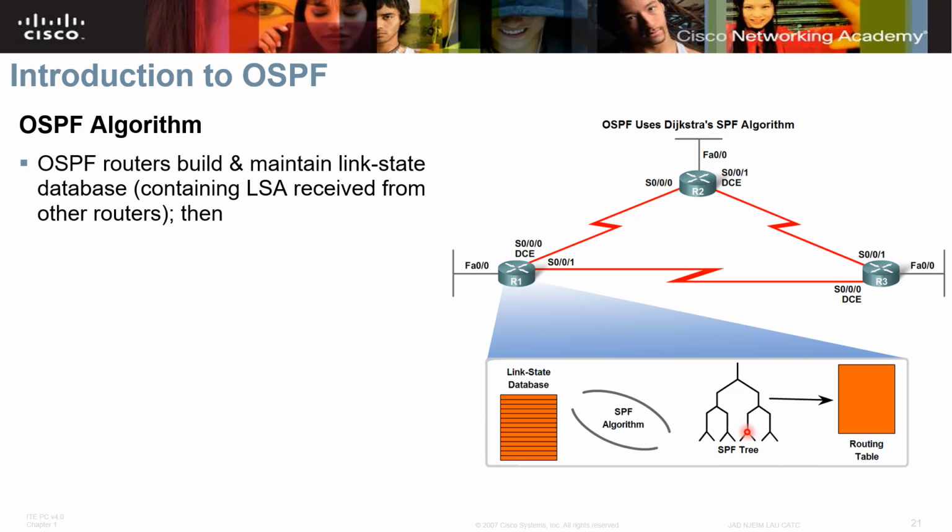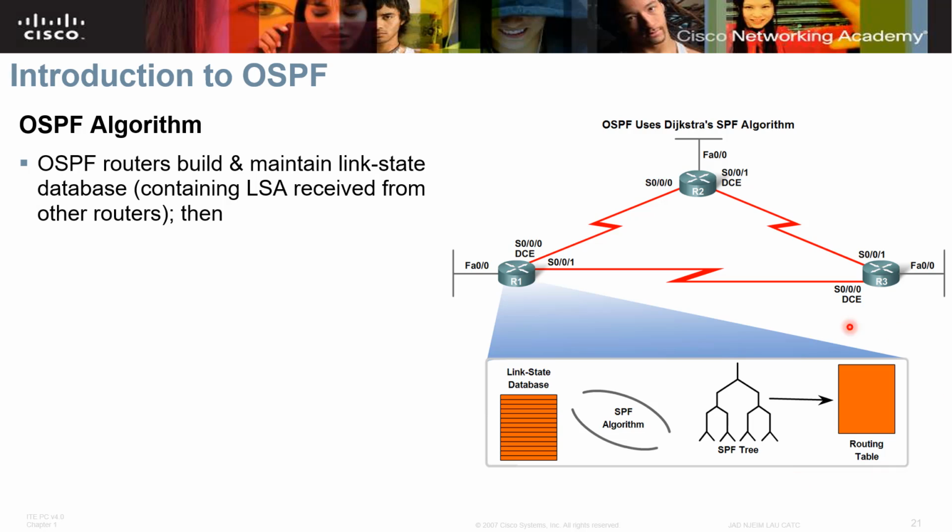This can be represented in a shortest path first tree. Then from this tree we can generate a routing table. And this tree contains the best path, or the least cost path, from the router to all other destinations. This information will be collected and put in the routing table.